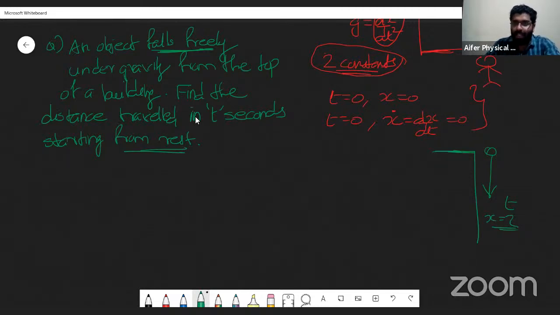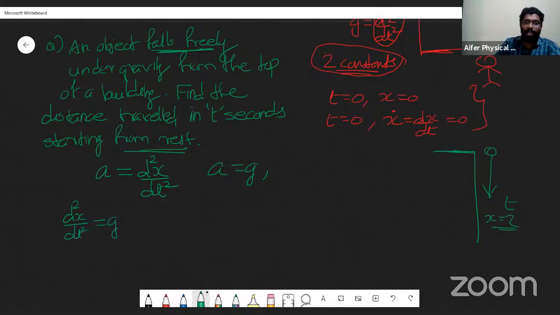Suppose there is no air resistance, then I can say that the acceleration of the particle is given by d square x by dt square, but acceleration is nothing but g. Acceleration will be gravity. So d square x by dt square equal to g.